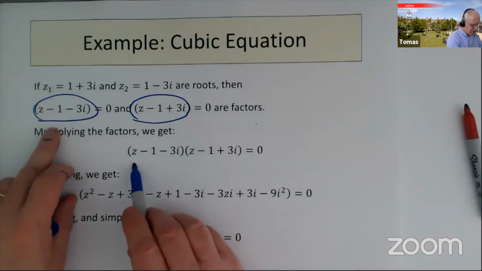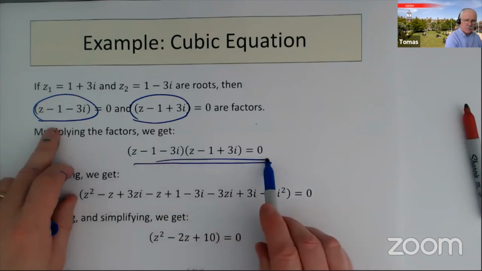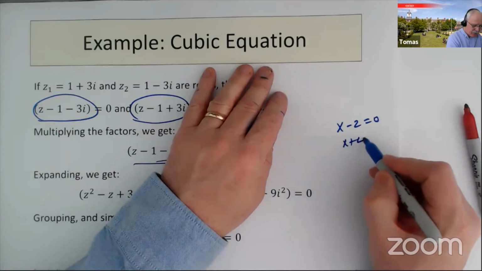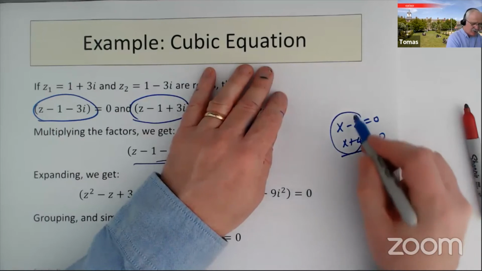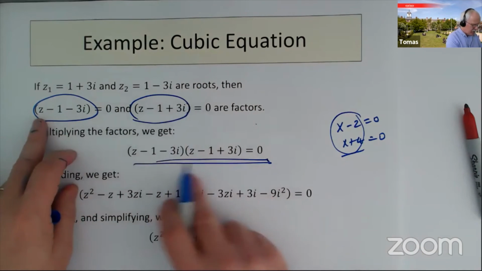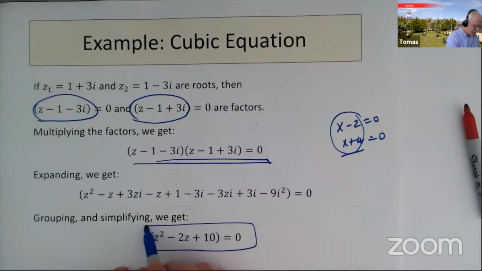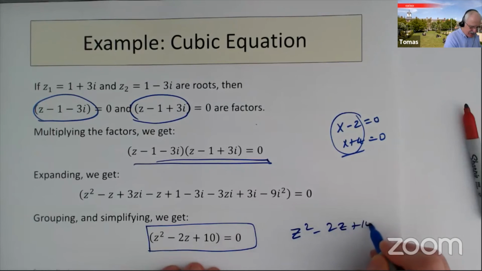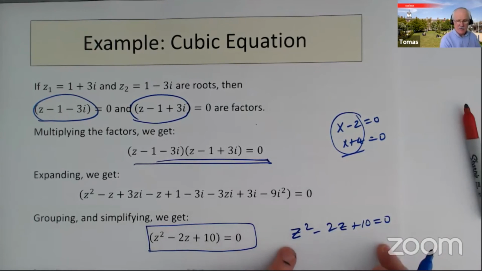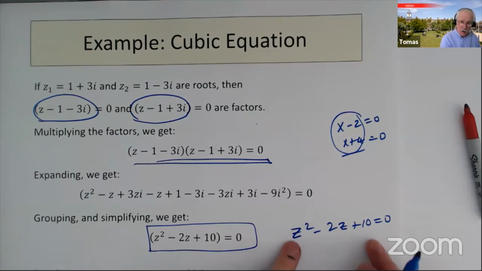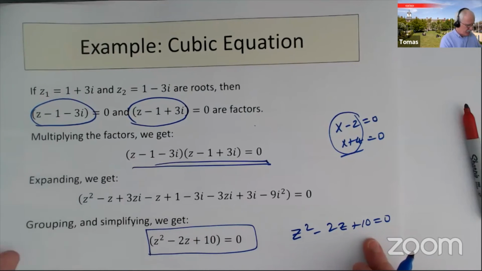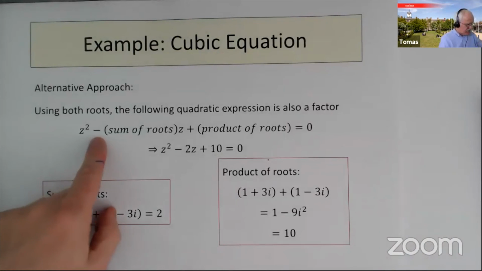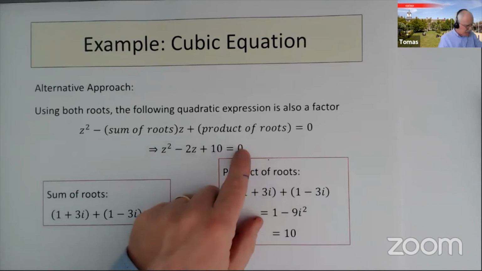If they're factors, you can multiply them together, just like if x equals 2 is a factor and x plus 4 is a factor, you could multiply those together. So I'm going to multiply those together and I get all of this. So I now know that z squared minus 2z plus 10 equals 0 is a factor. So all I'm looking for is the last one. Another way of doing that, a different approach, is I could have used the sum of the roots and the product of the roots.